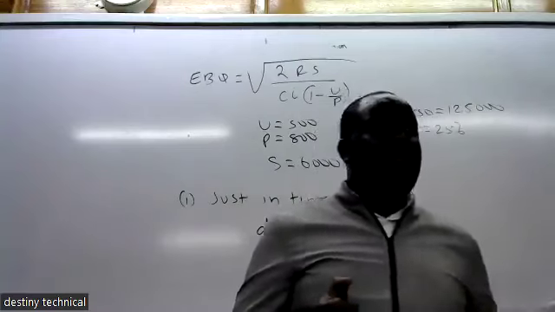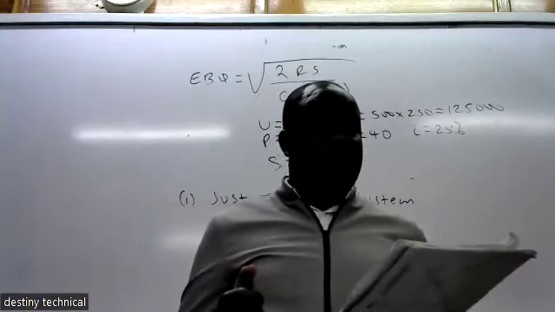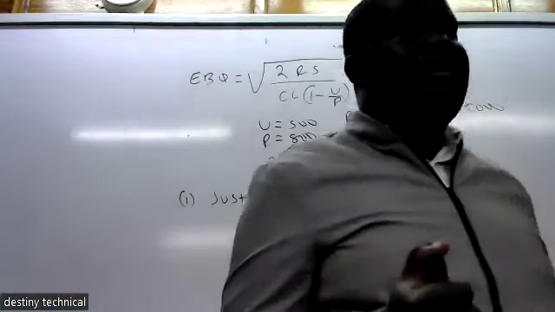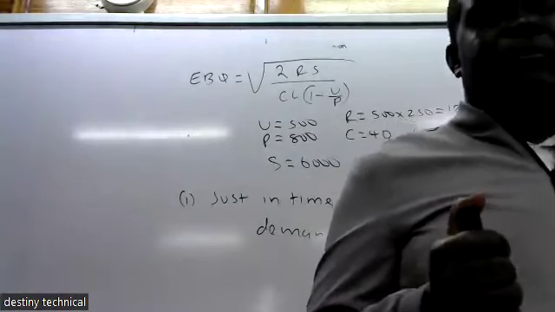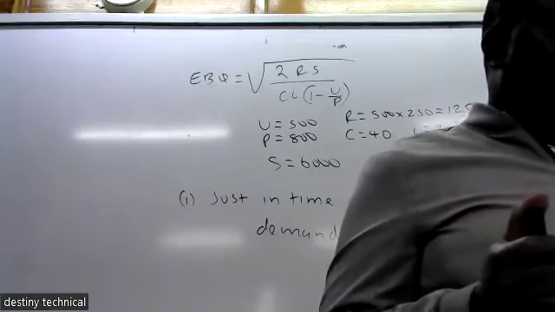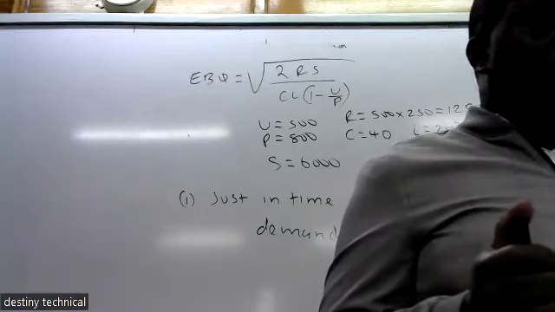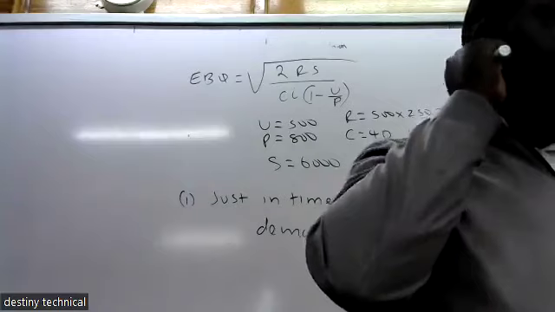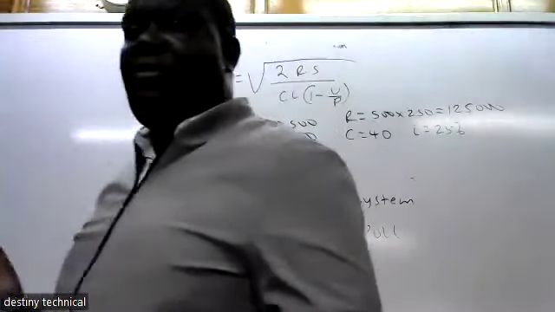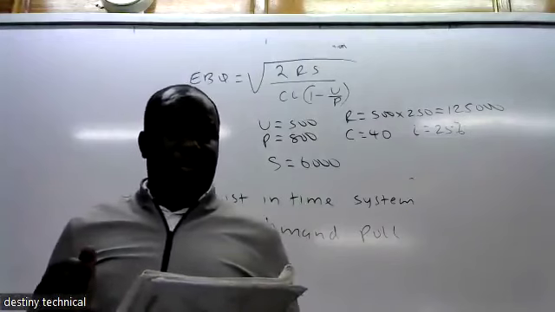Number one is the move towards zero inventory of the finished goods, raw materials or work in progress. So that's number one.